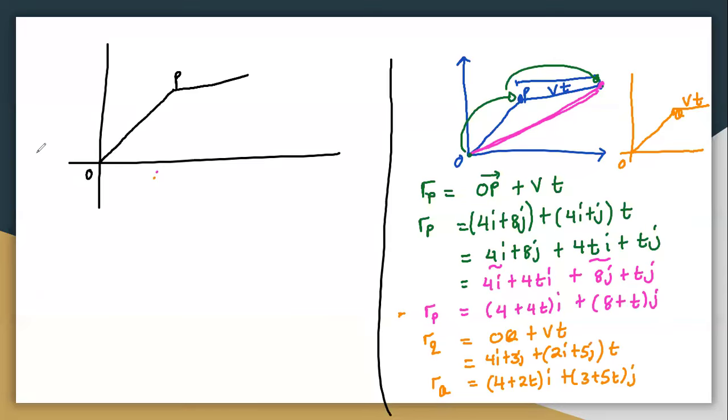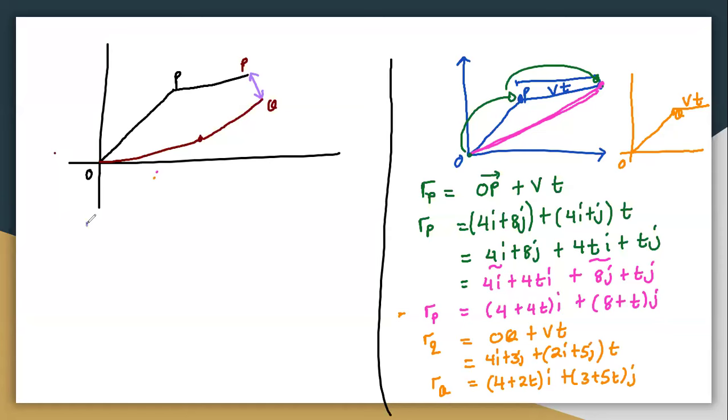Then you had this second boat, Q, which started moving like that, and now maybe it is here. So this is where boat P is, and this is where boat Q is. Now they're asking, what is this displacement here, in between P and Q? That is what we are looking at.